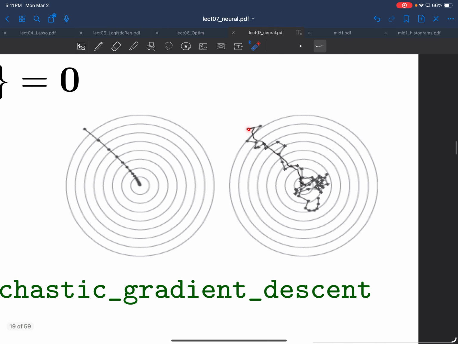So this one follows some noisy trajectory and gets down to the bottom. Whereas this one really just gets closer and closer to the bottom. This one, once it gets in that region here, it just bounces around. It never settles down. So that's really the biggest difference. If you averaged many, many runs of this, it would look like this, but every single run looks noisy.